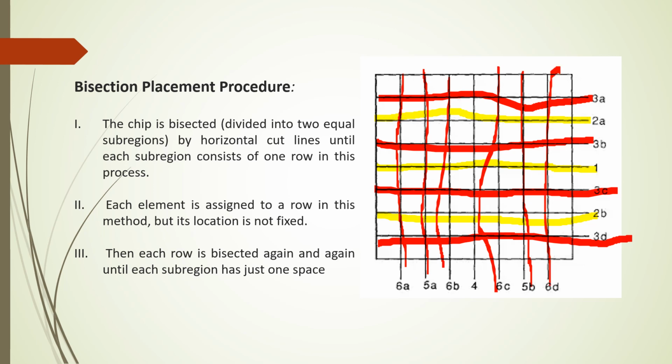These are the different types of bisection placement procedure. That is, each row is bisected again and again until its subregion has just one space.